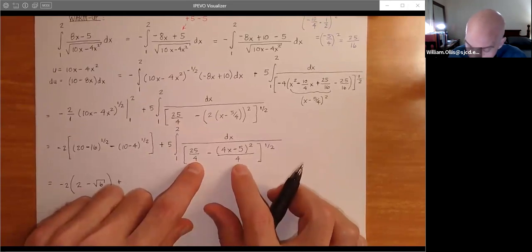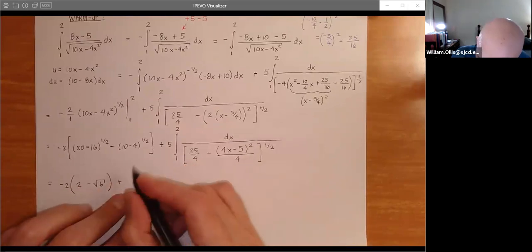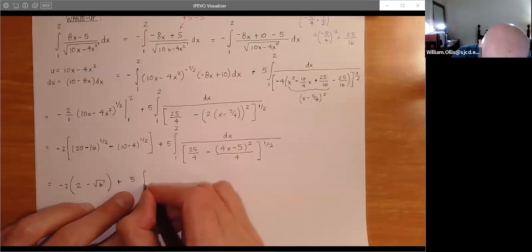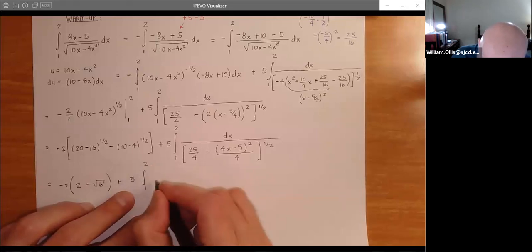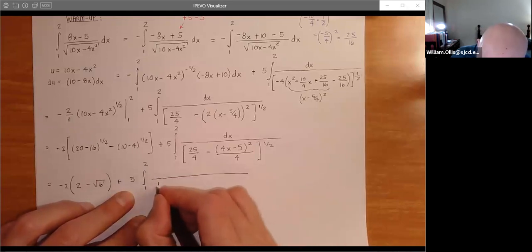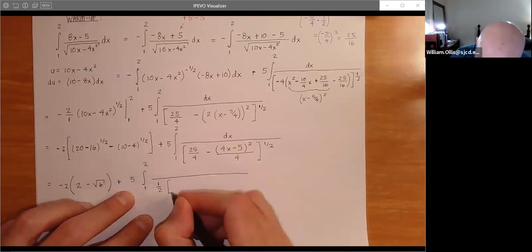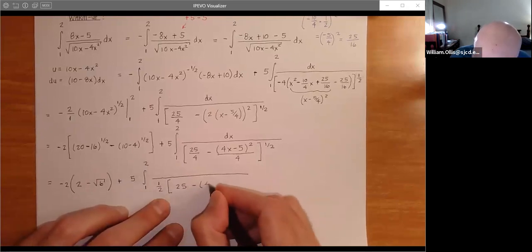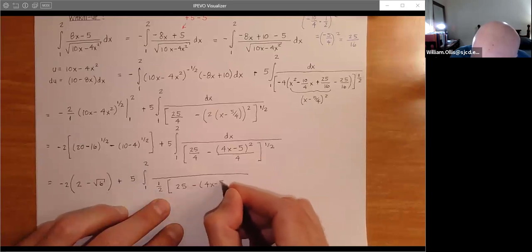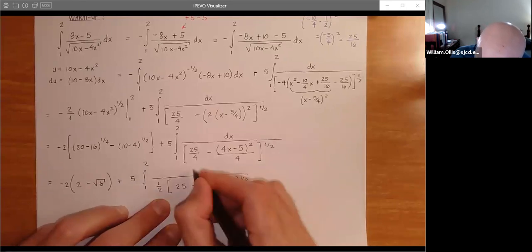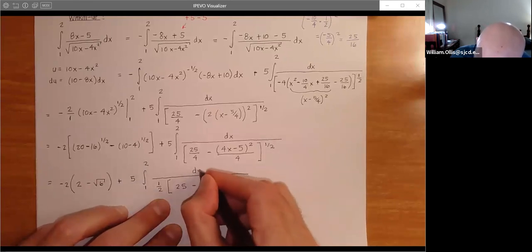So that's basically the factoring that, we get the square root of 1/4, which is 1/2. So the 1/2 comes out. So now we have the 1/2 downstairs. And what's left? 25 minus 4x minus 5 quantity squared to the 1/2. And then of course we have the dx here.